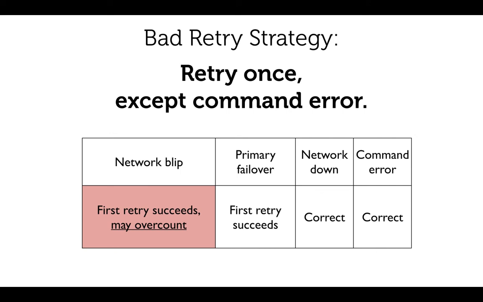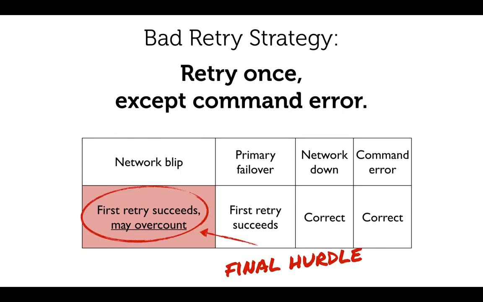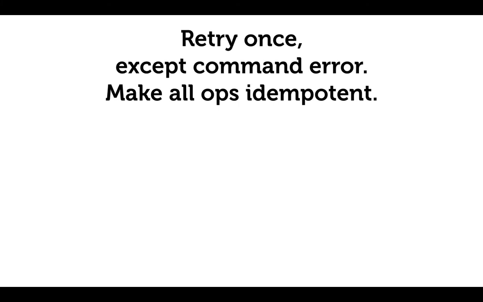So we've only got one red square left. How are we going to get over this final hurdle? How are we going to avoid the possibility of overcounts? The answer to that is to make all operations idempotent. Idempotent operations are ones which doing them twice has the same outcome as doing them once.